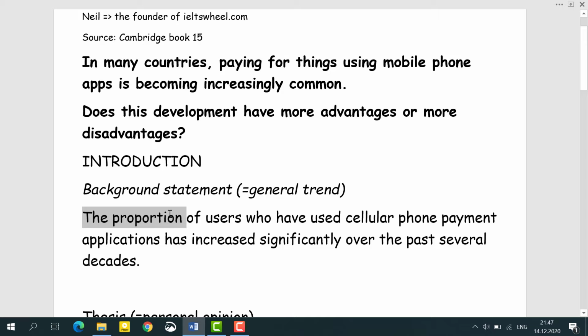Because we're talking about one proportion. This number has increased significantly over, which means during, the past several decades. As you can see, we are talking about the general trend. And here is "becoming increasingly common", and I've just paraphrased this part by writing "has increased significantly over the past several decades".